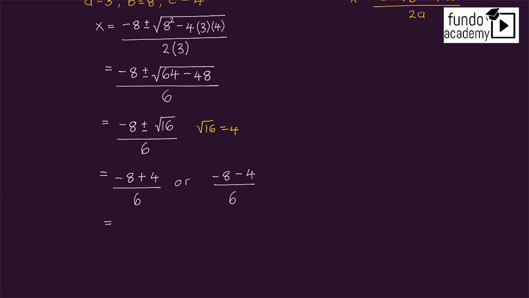Minus 8 plus 4 is minus 4, and minus 4 over 6 can be reduced to lowest terms to give us minus 2/3. Or minus 8 minus 4 is minus 12, and minus 12 divided by 6 gives us minus 2. So our two solutions come out as minus 2/3 or minus 2. So we've used the quadratic formula to find our values of x.